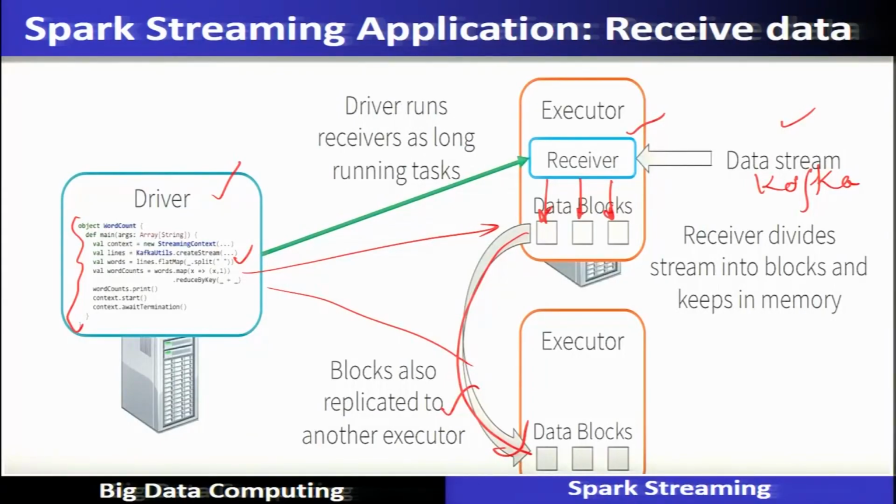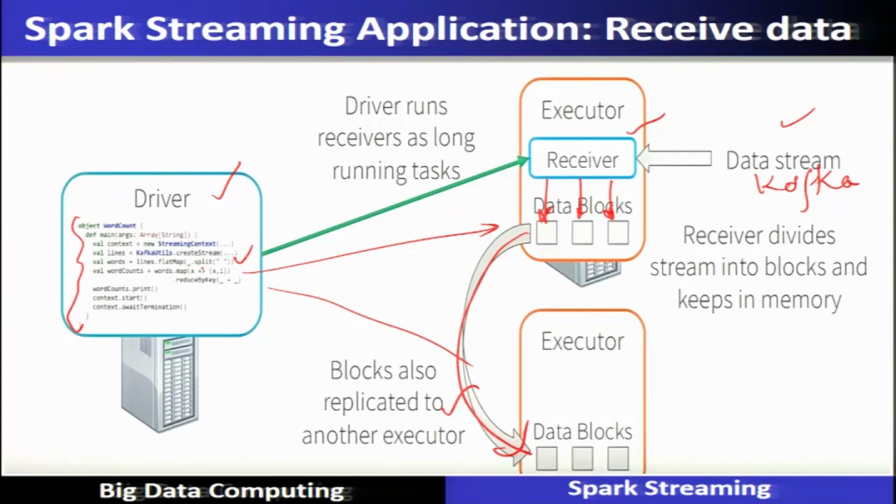Further, the driver will also assign the tasks to be performed by the executors on these data blocks, for example the flatMap and the map reduce operation on the word counts, as we have seen. All these tasks will be executed at the executor. So all these are the components of the Spark streaming system.